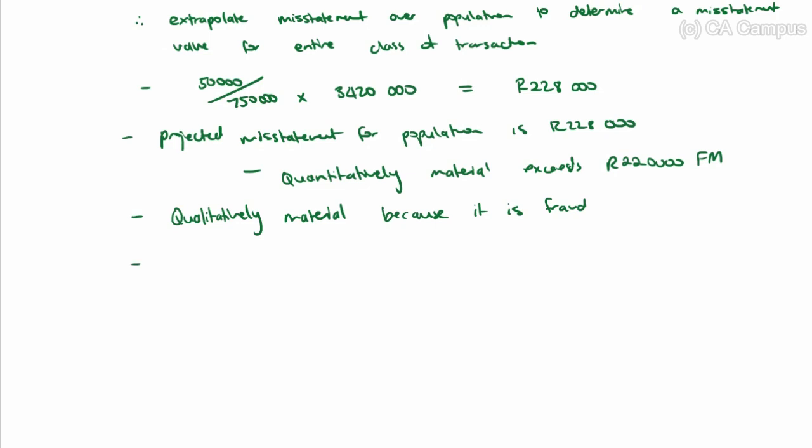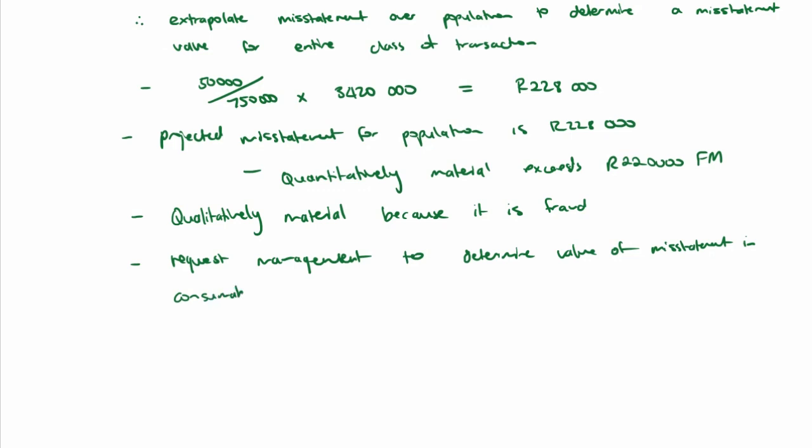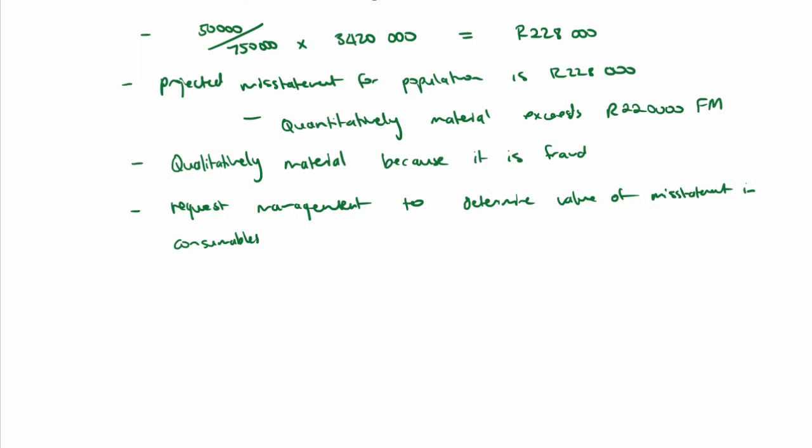So I've come up with a projected amount, but that's not necessarily what the client is going to go and do, is go and adjust the financials because we've projected. So my request is going to be, I'm going to request management to determine the value of the misstatements in consumables, or for them to go through the consumables to make sure that there isn't any misstatements.